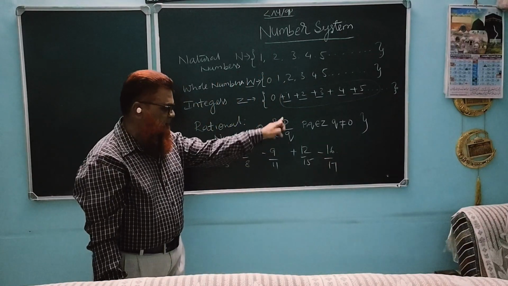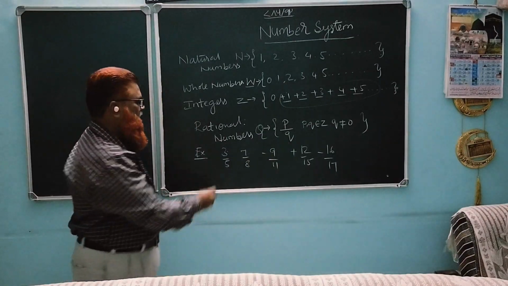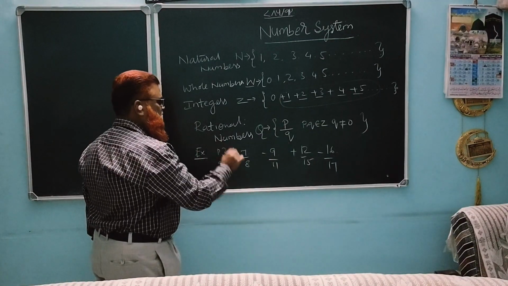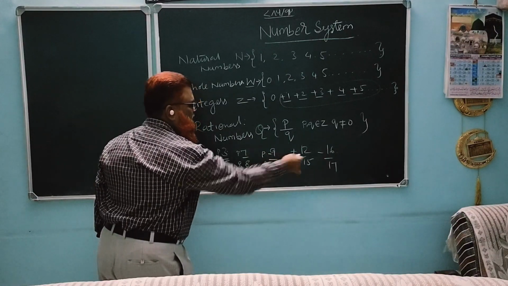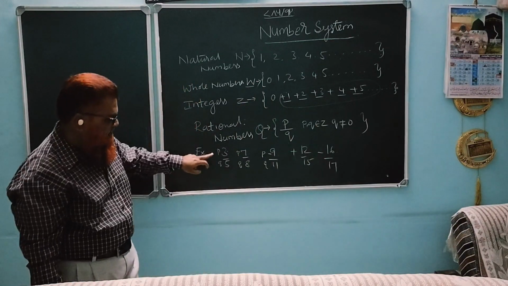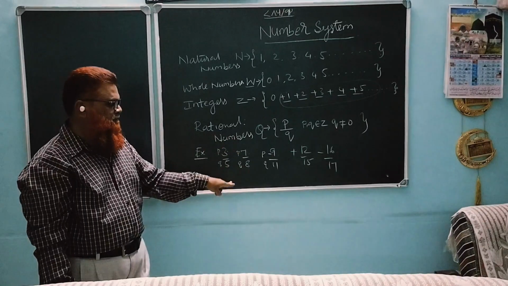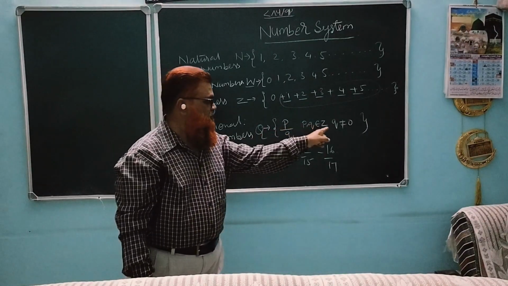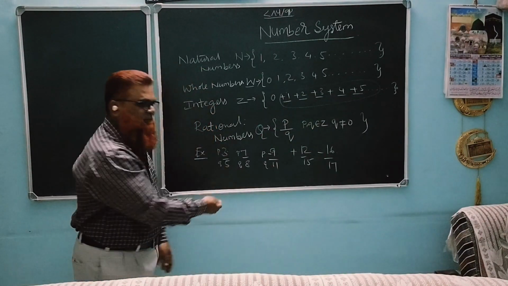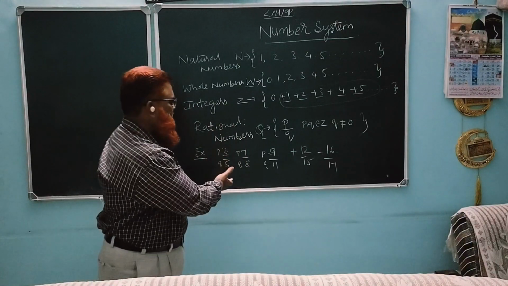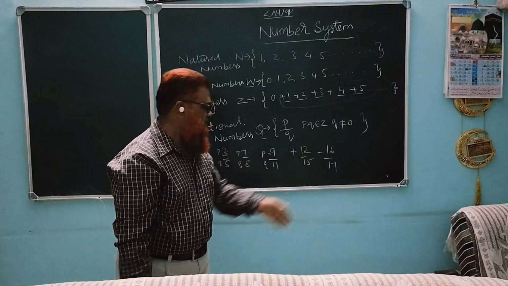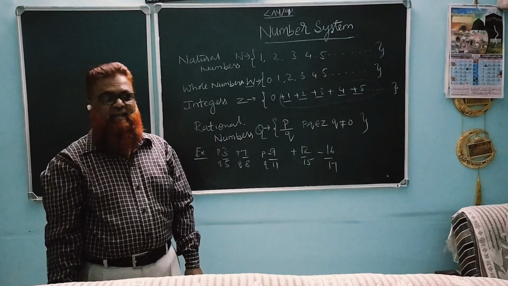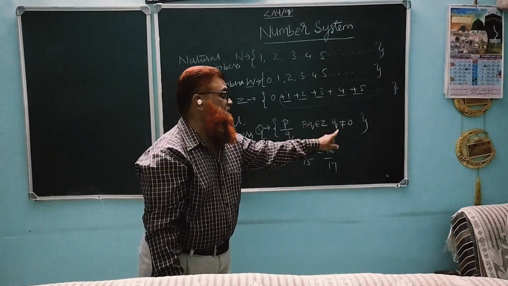Any number is in the form of p by q. You may compare p and q, p and q. Any number which is written in the form of p by q, and p and q belong to Z, means these p and q are all integers. Plus 3, plus 5 are present in the set of integers, and minus 9, minus 16 are present in the set of integers. But a condition is applied.